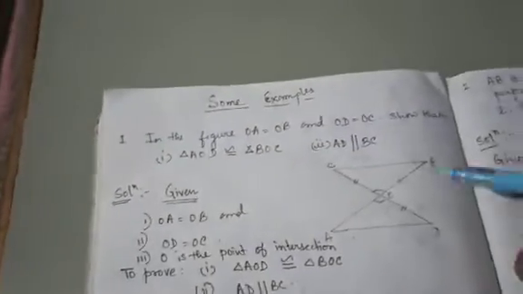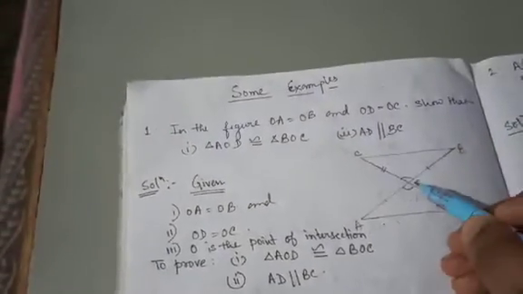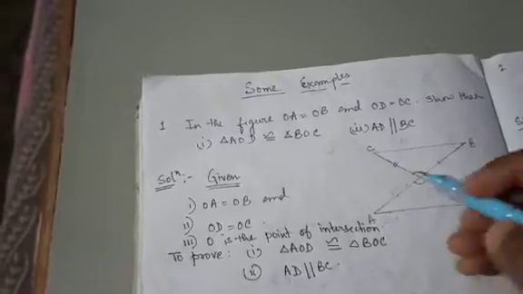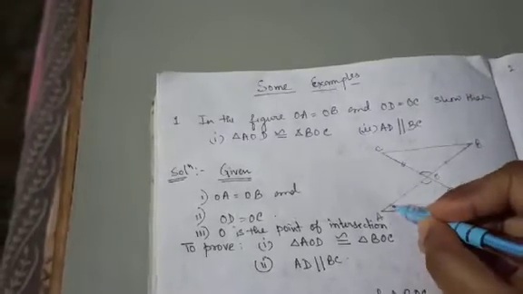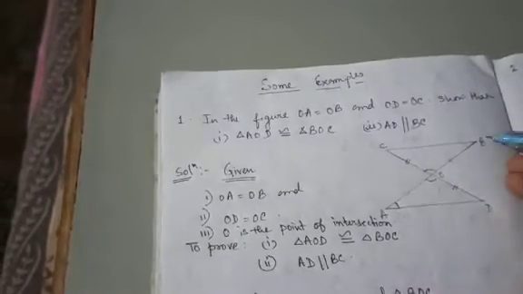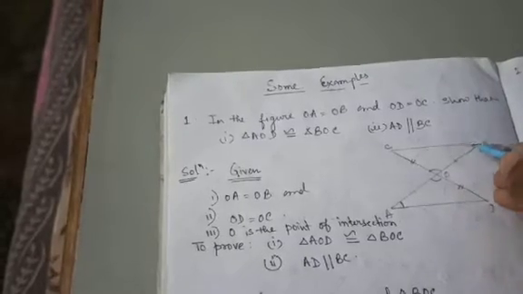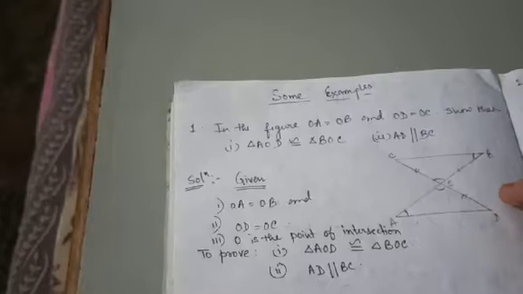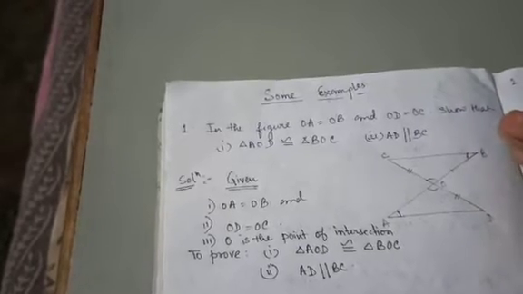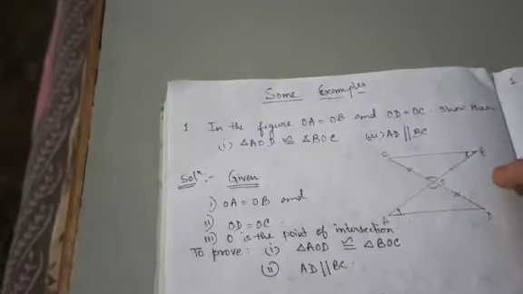That means if we come to the diagram, angle OAD, that means this angle, is equal to angle OBC by CPCT. Since the triangles are congruent, the corresponding parts of the congruent triangles are also equal.